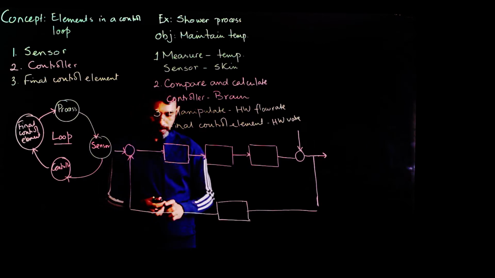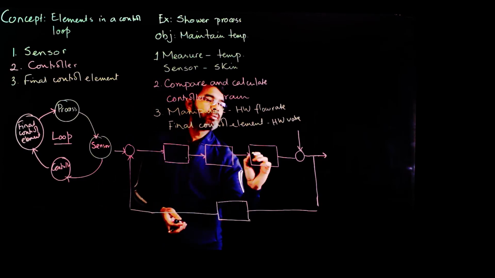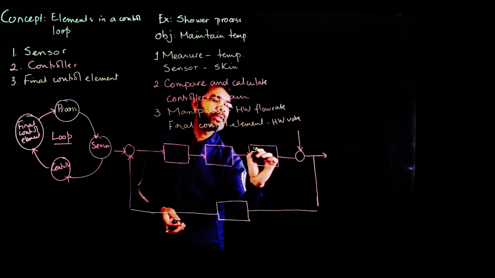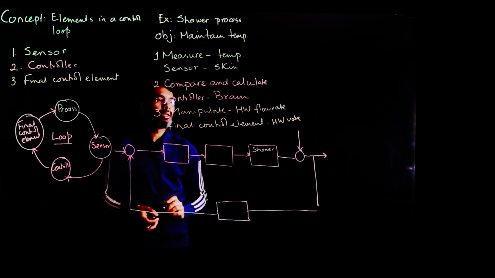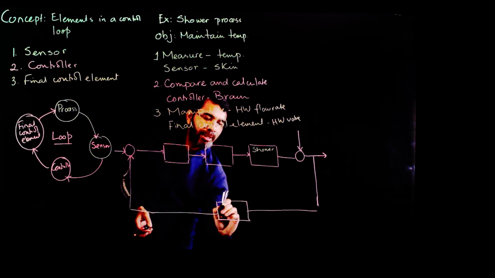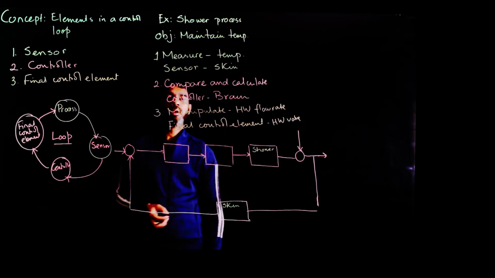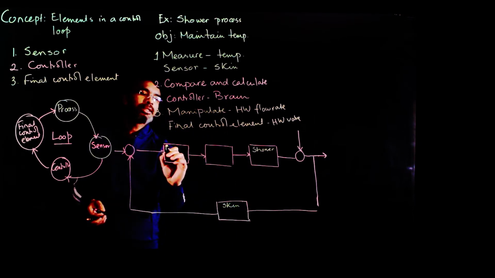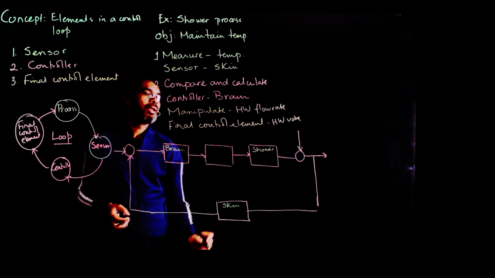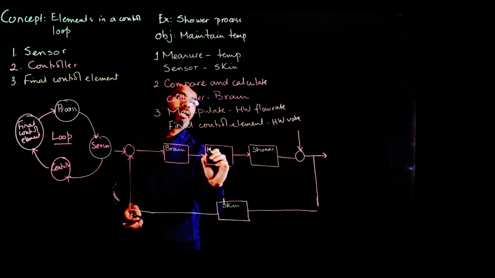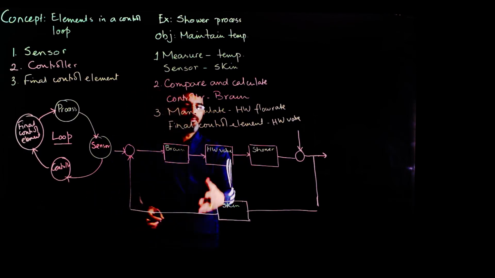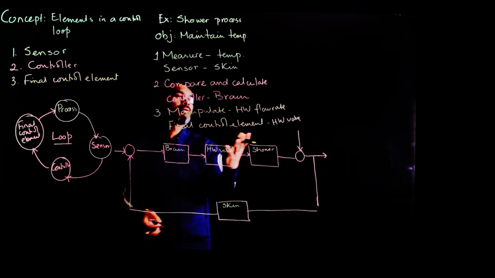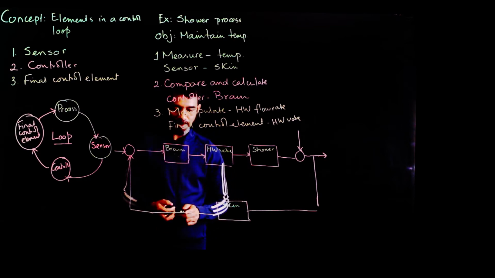We have the process, the shower process. The temperature measurement is done by the skin, so this is the measurement device. We have the controller, that's our brain. And we have the final control element, that's our hot water valve. So this will be the feedback diagram for this shower process.